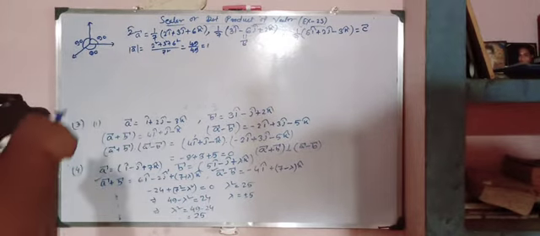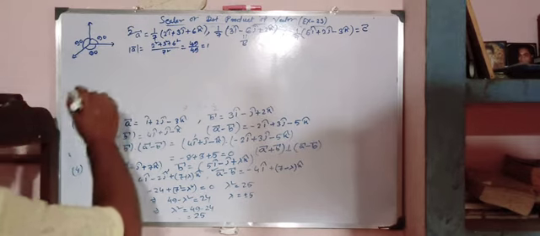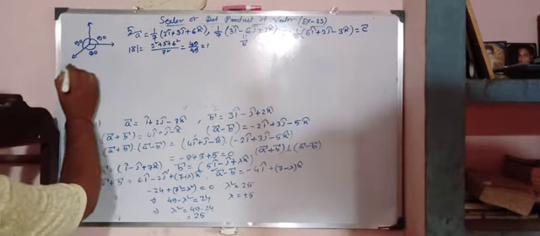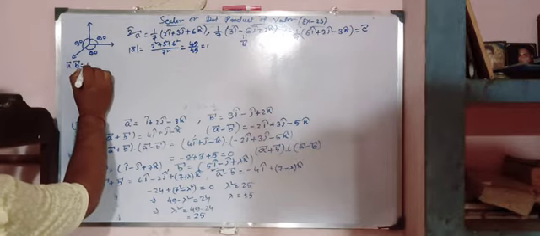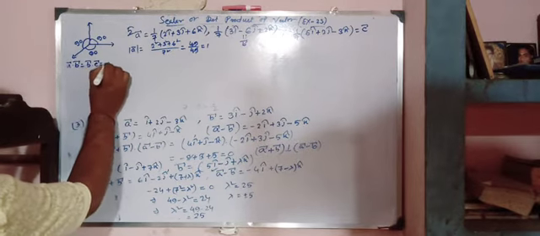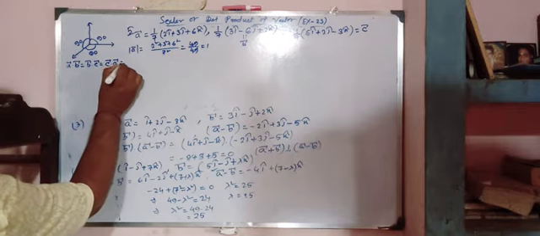Now we have to find A dot B. We have to show that A dot B is equal to B dot C is equal to C dot A is equal to 0.